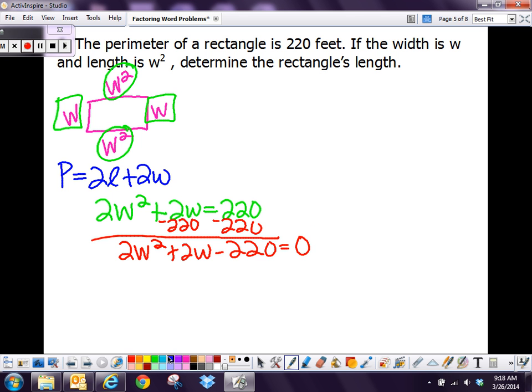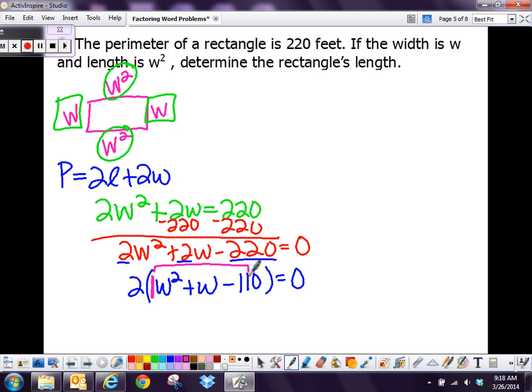Now this one's a little bit different than the problems we've already worked because we do have a GCF. I can take a 2 out of everything. So take the 2 out. I'm going to write what's left. So w squared plus w minus 110 is equal to 0. Okay, now I factor this, and notice that now we have a 1 in front, so we'll be able to do the shortcut.